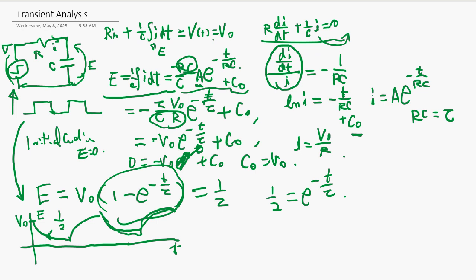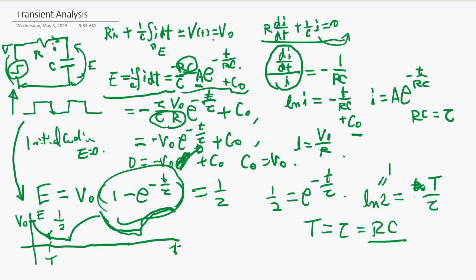If you take a log, log 2 equals T over tau, where we call this time capital T, and log 2 is about 1, so T equals tau equals RC.